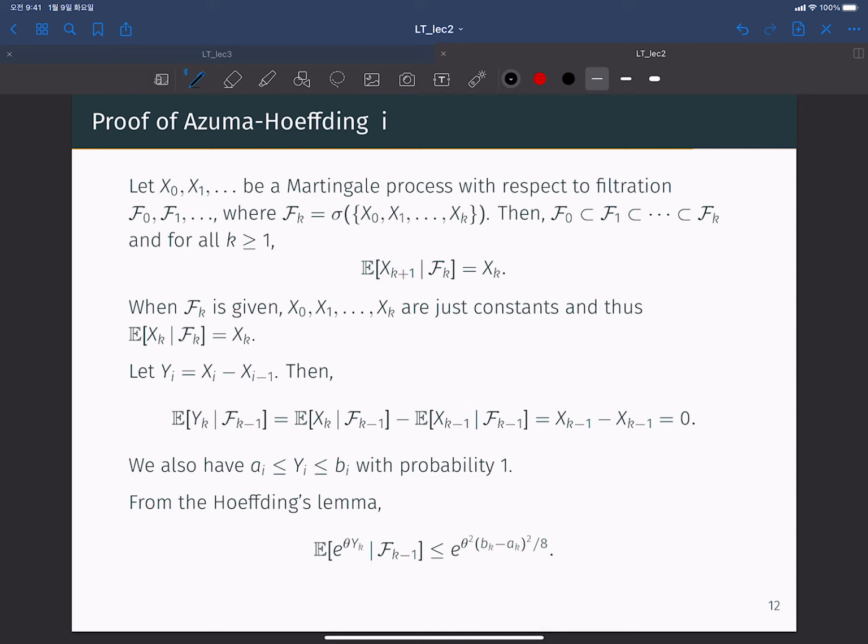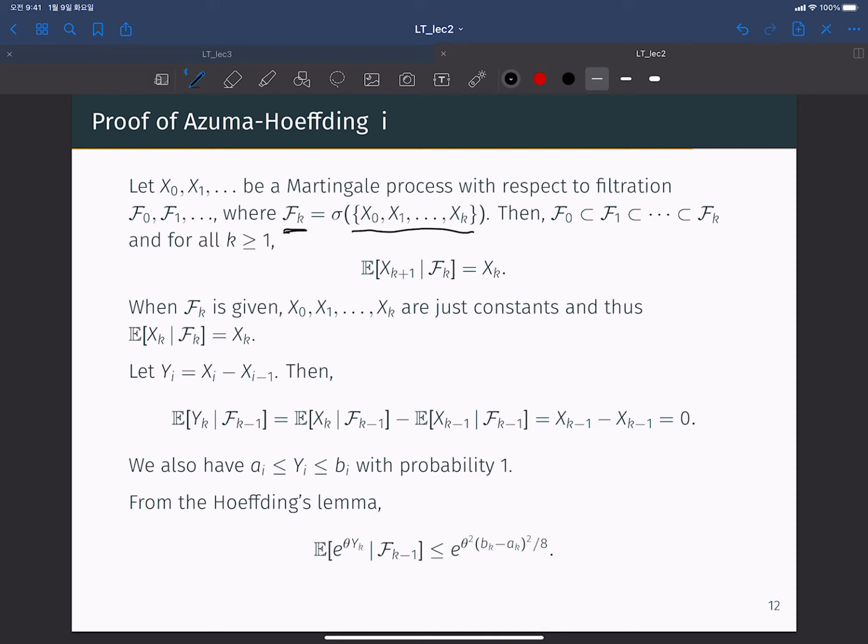So the Fk, the filtration with subscript k, indicates all the observations up to time k, so the observations up to random variable xk.